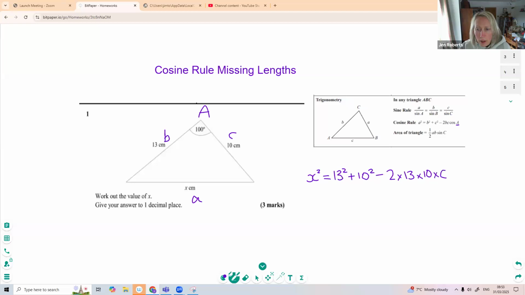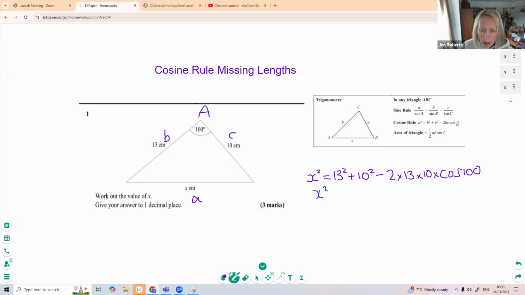Times cos 100. Pop that into your formula. Put it straight into your calculator all in one go, and you get an answer of 314.